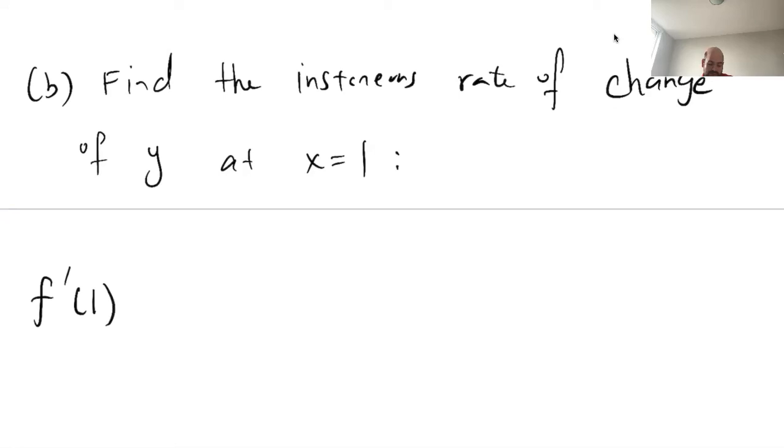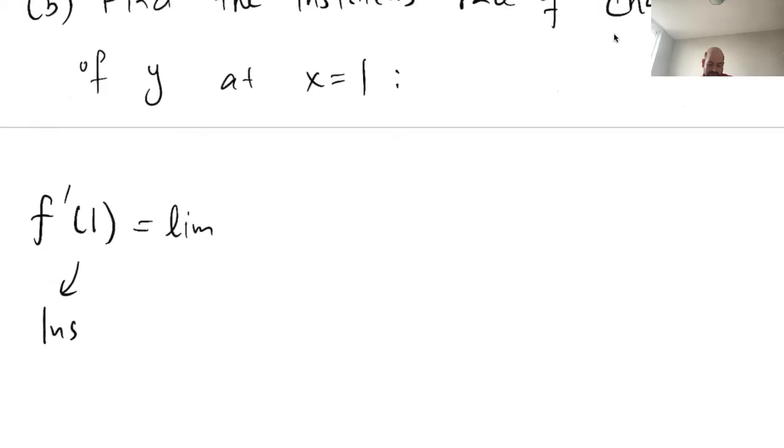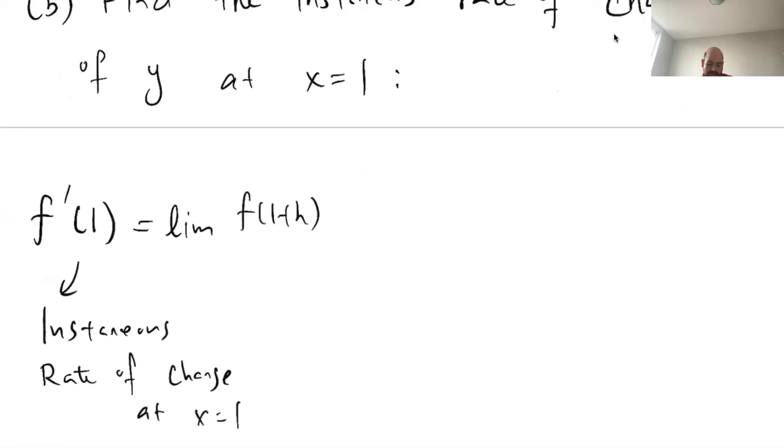F prime of 1 is equal to limit. So this is instantaneous rate of change at x equals 1. So then this is limit f of 1 plus h minus f of 1 over h, h approaches 0.